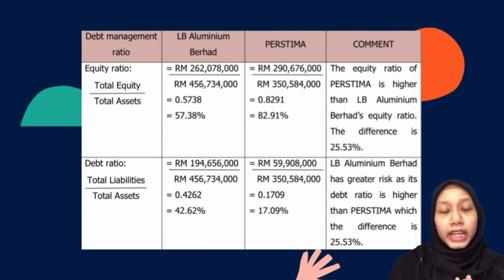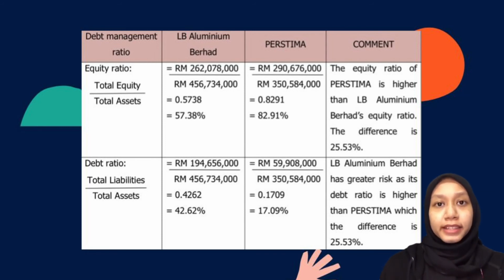While for the company Perstima, the total equity is RM290.676 million divided by total assets RM350.584 million, and we get the equity ratio, which is 82.91%. So, the equity ratio of Perstima is higher than LB Aluminium Berhad.